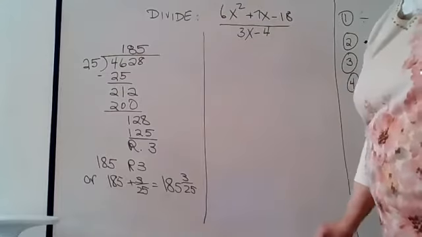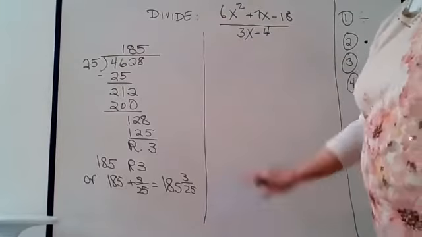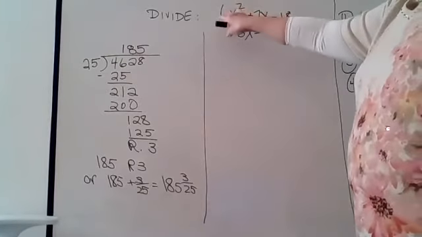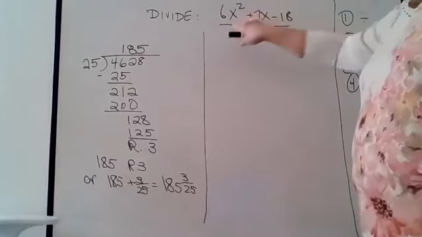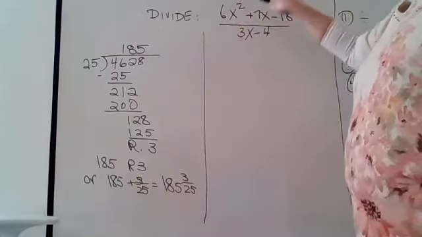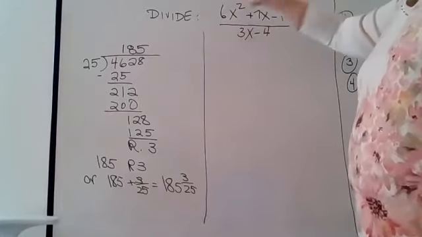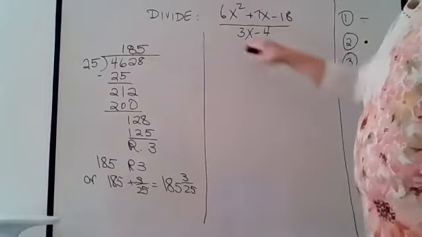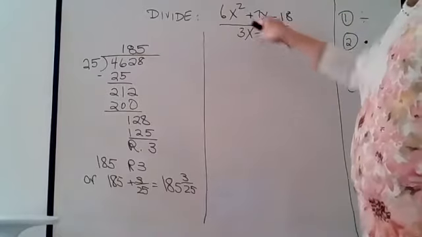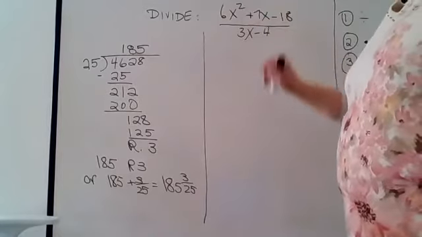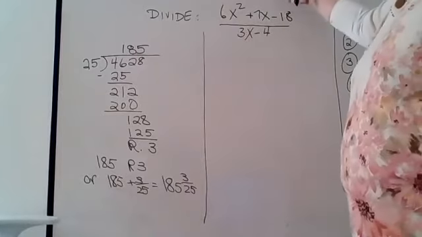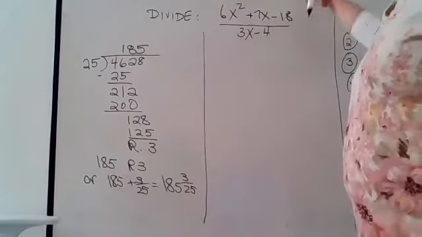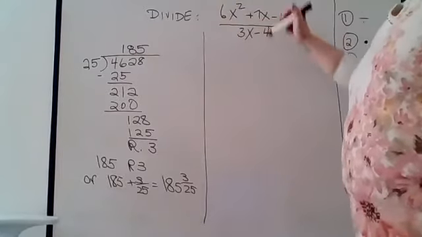Now, there's a couple of things that you have to be very careful about. Number 1, you have to have your polynomials in descending order. The highest power, then the next highest power, until you get to the number. Both the dividend, what you're dividing into, and the divisor.